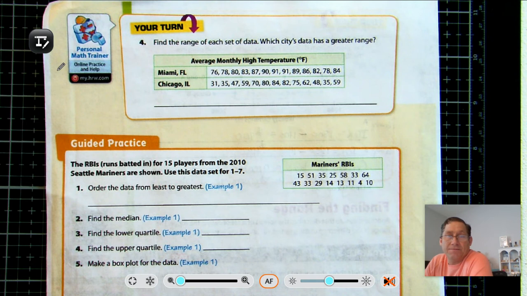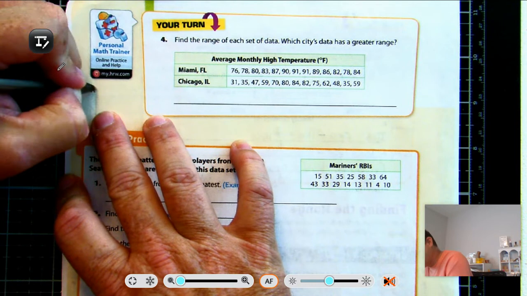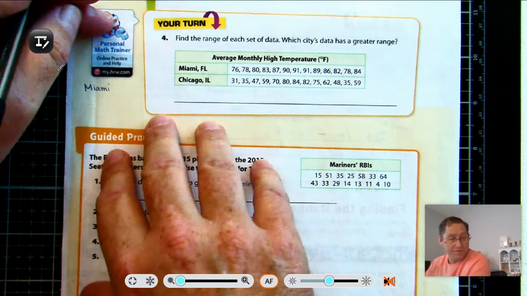All right, find the range of each set of data. Which city has a greater range? So Miami and Chicago. Okay, so Miami, and we're going to put them in order from least to greatest.